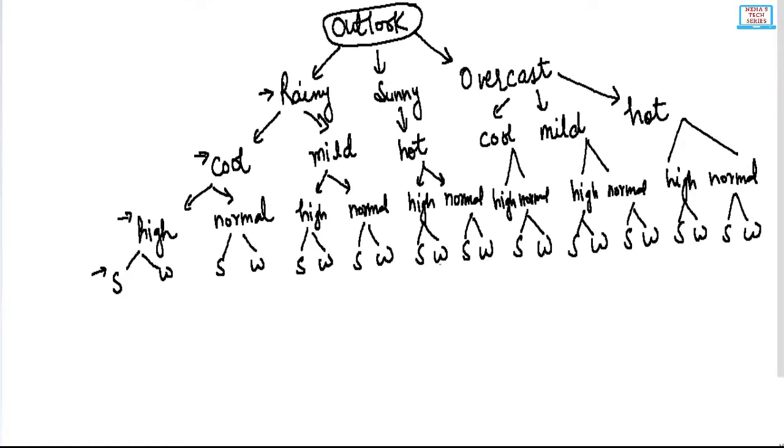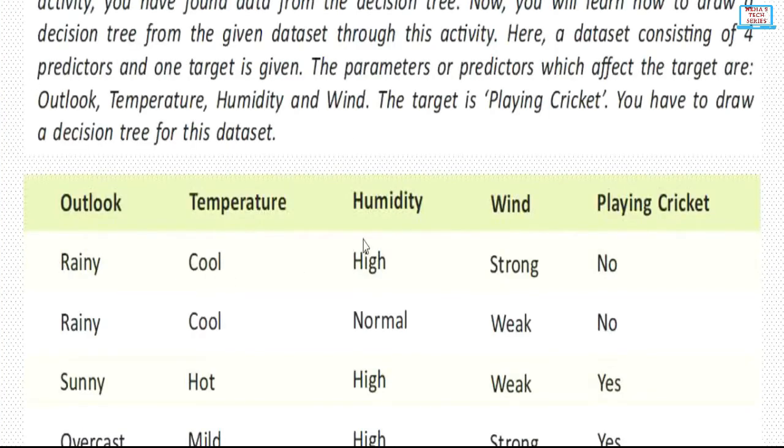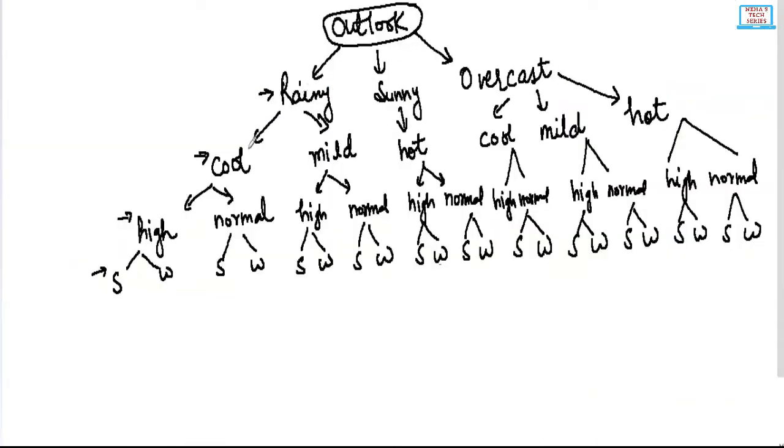Now once we are done with making all the parameters, we have to take a decision, yes or no, if the weather is perfect for playing cricket or not. Rainy, cool, high, strong. The weather is not good for playing. So here the question is playing cricket.